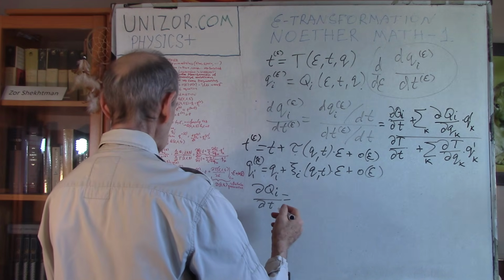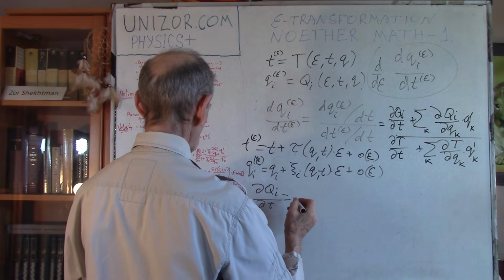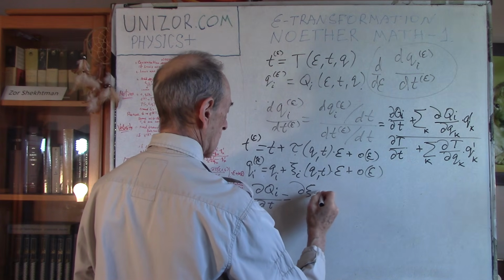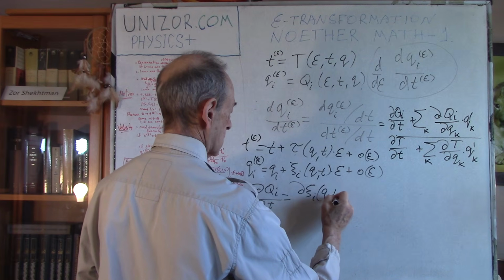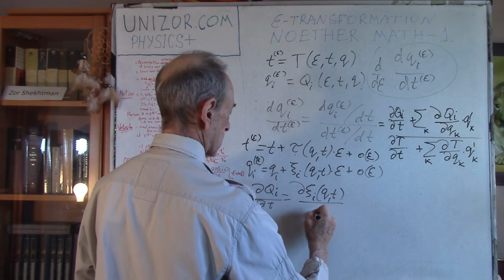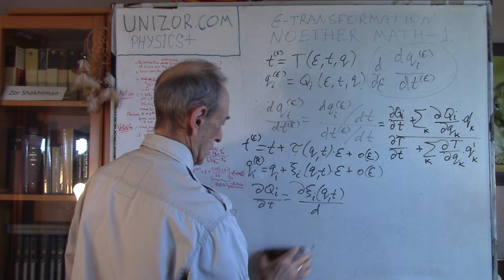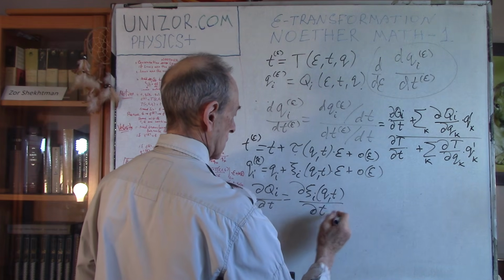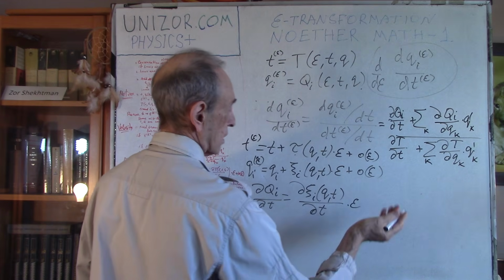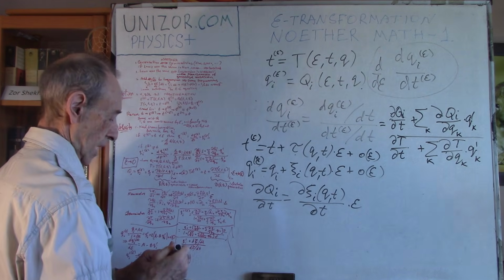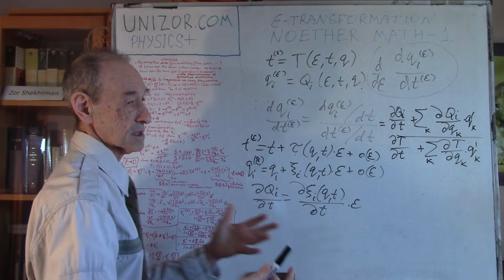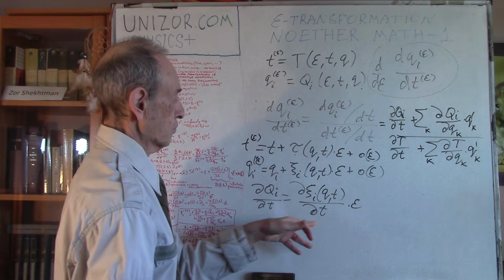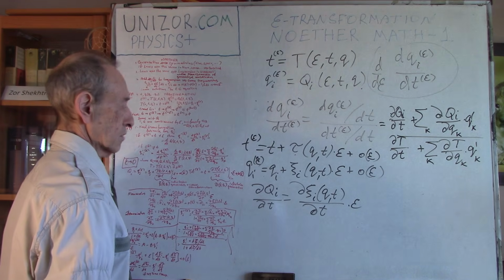So that basically can be expressed as dxi of qt by dt times epsilon. Epsilon is a constant in this particular case. I mean, it's not a constant, we are assuming it's infinitesimal, but it's not dependent on time. That's why partial differentiation by time is this one.